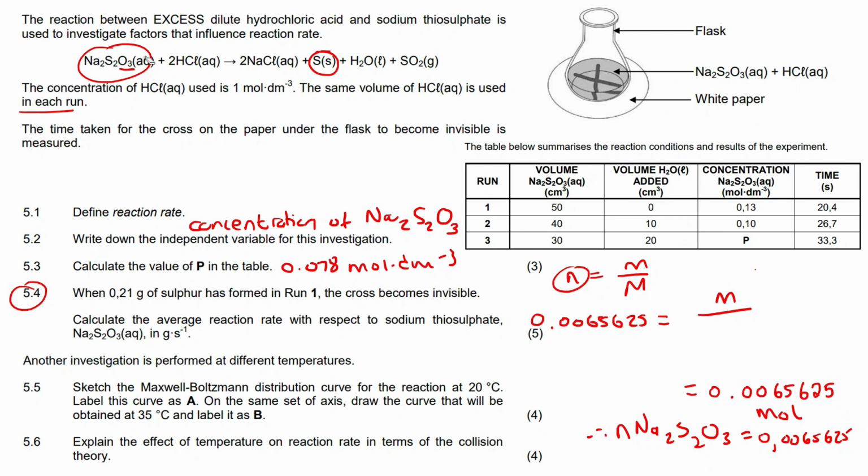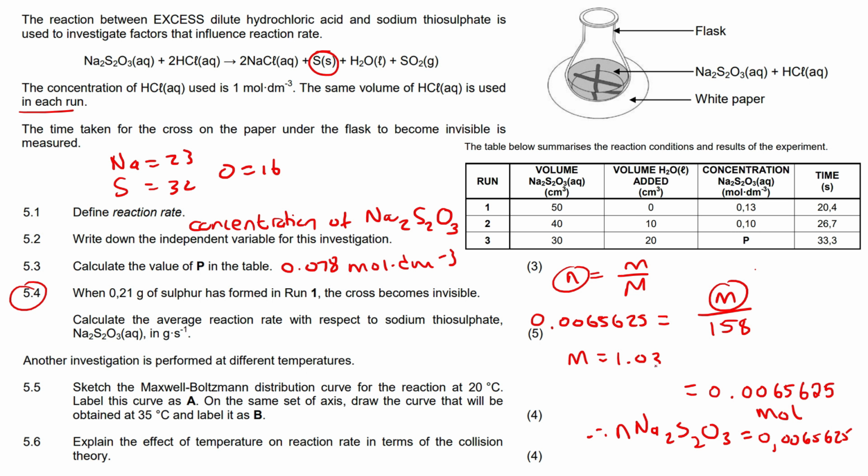From the periodic table, you would see that Na is 23, sulfur 32, and oxygen is 16. So if you had to get the mass of this, you would get 158. Then to get the mass by itself, you would end up getting 1. I'm not going to round off because it's not a final answer, so m is going to be 1.